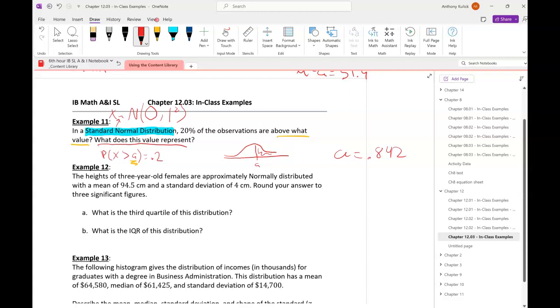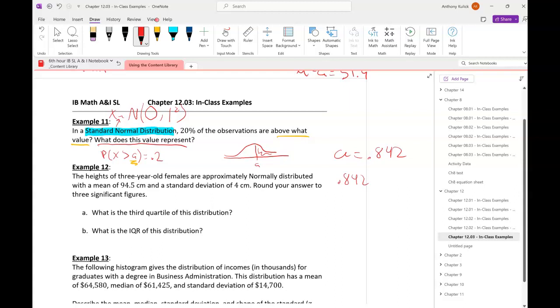So if 0.842 is the value where 20% of the observations are above it, what percent are below? 80.